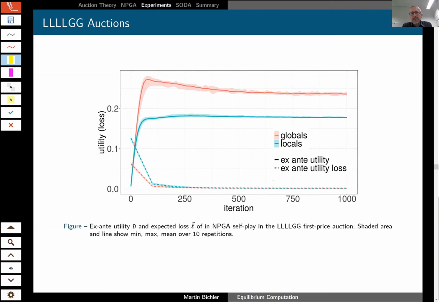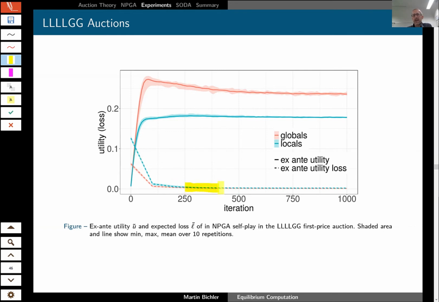This is now interesting. Maybe this is a different way to depict the results. Namely, we are looking at the large LLG model, so to say, with 6 bidders, 2 global and 4 local bidders. And this just plots the utility when it converges and the utility loss, which is the dashed line down here.